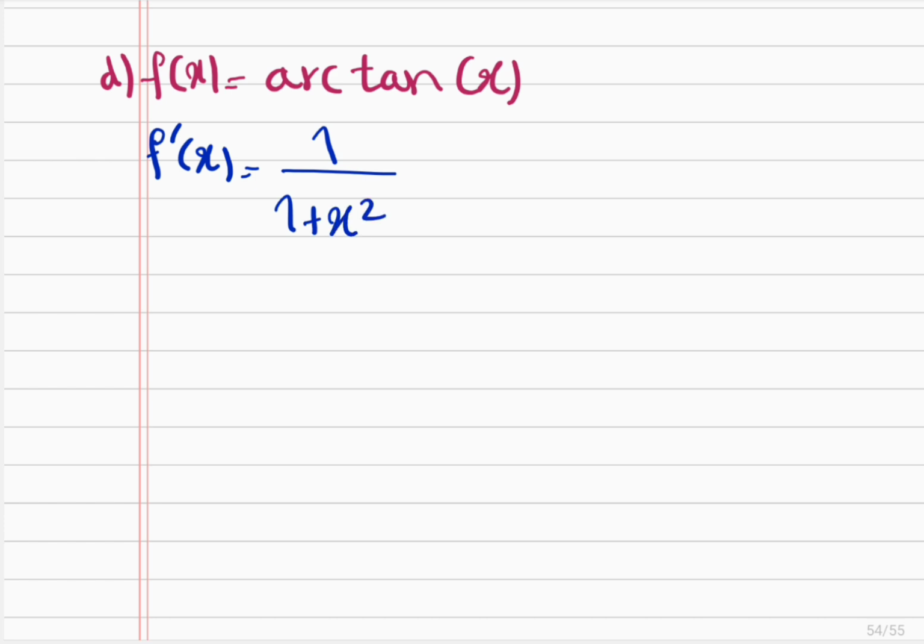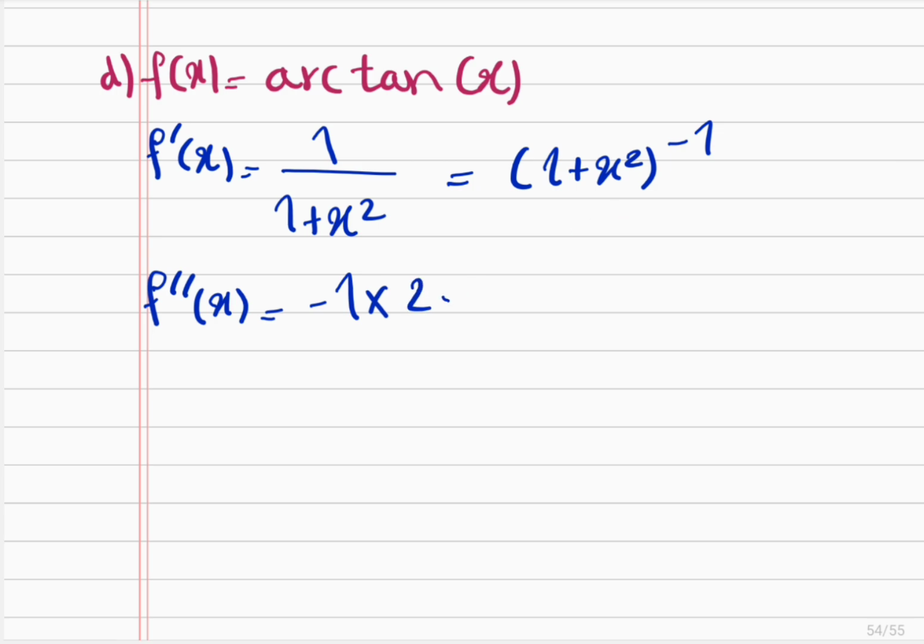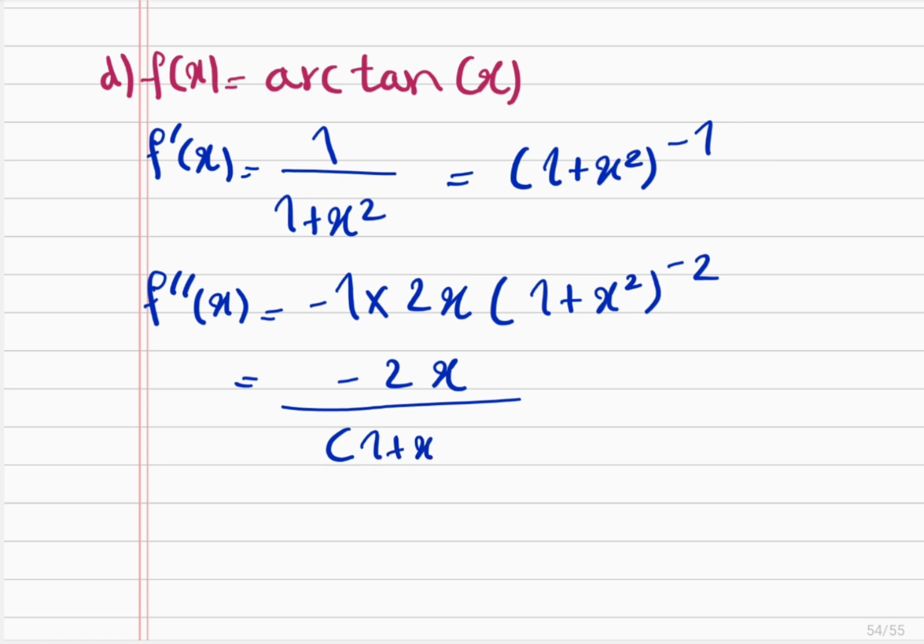That's the first derivative, which can be written as (1 plus x squared) to the power of minus 1. The second derivative, using the chain rule: minus 1 is the power that comes down. The derivative of the inside is just 2x, and then we write down the bracket with the power minus 2. So we can rewrite this as minus 2x over (1 plus x squared) squared.